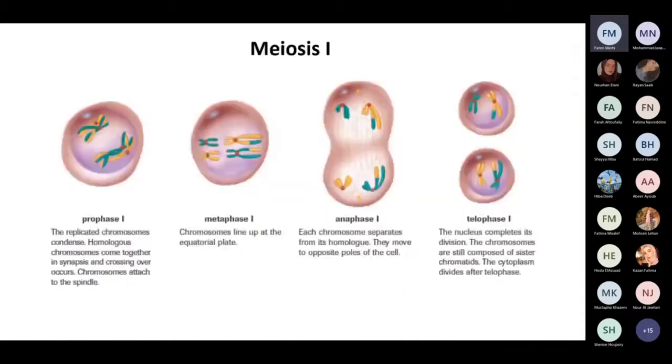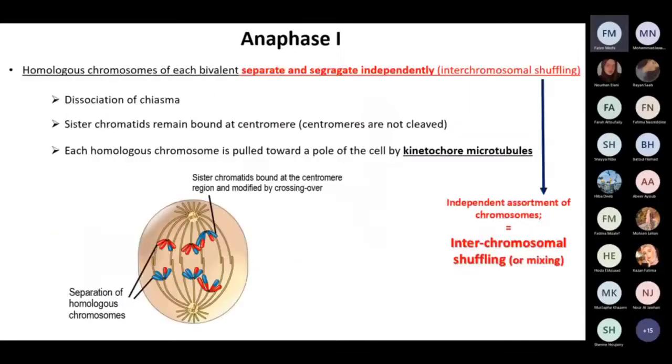Because in each cell I can have a different assortment of the parental chromosomes, depending on who will be at the upper pole and the lower pole. We can have a variety, very different, a lot of possibilities, okay, which makes that the gametes are different, each gamete is unique and has a different constitution of chromosomes, plus due to the crossing overs, okay.